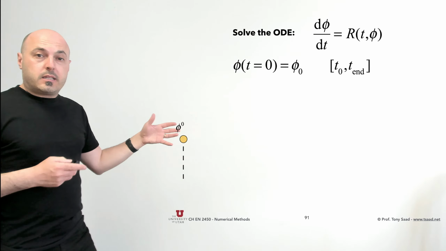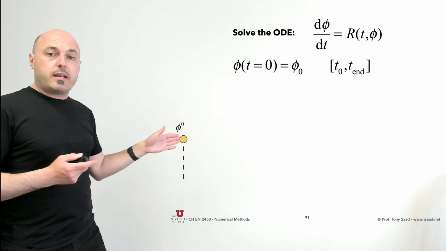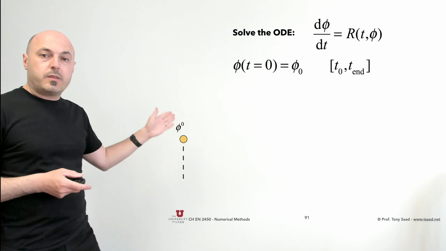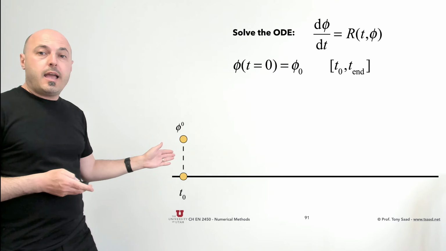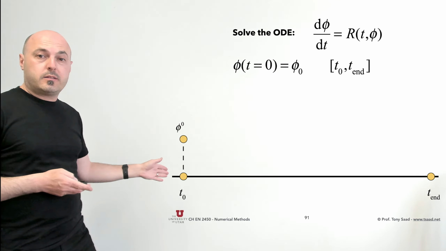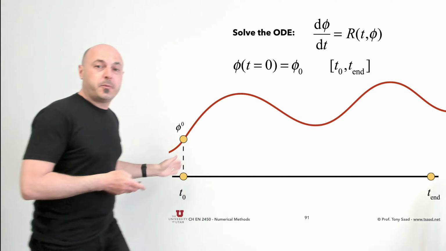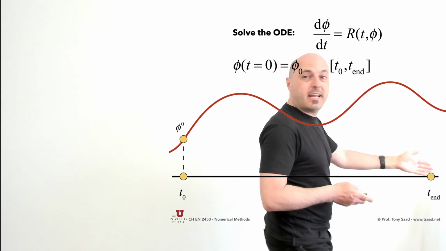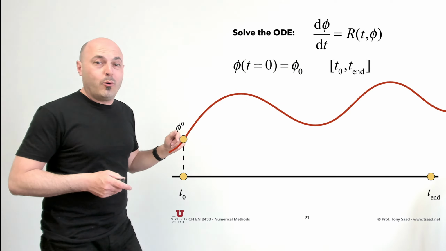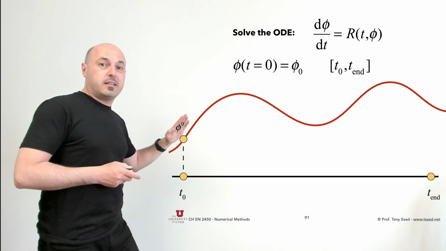So to depict this system, right now we have a value at phi0. That's the only thing that we are given. And our purpose is to find the values of phi between t0 and tn. The only thing we know about phi is its slope.